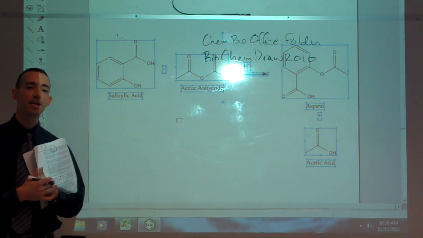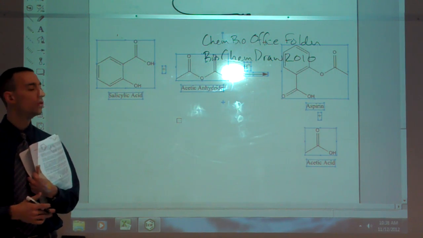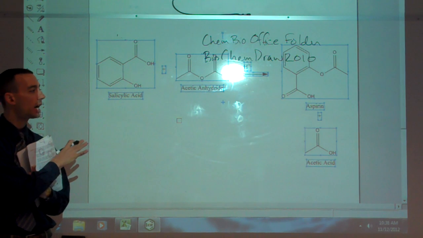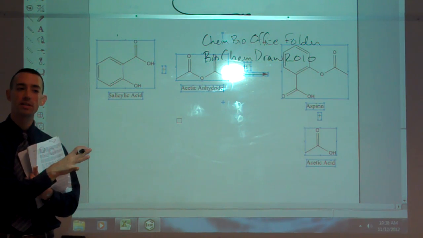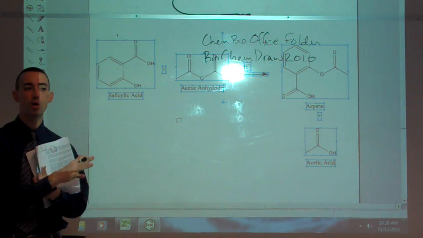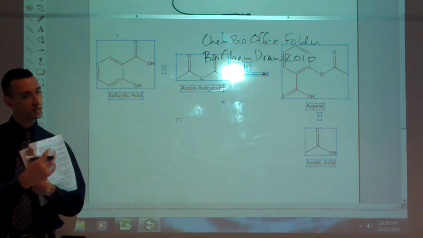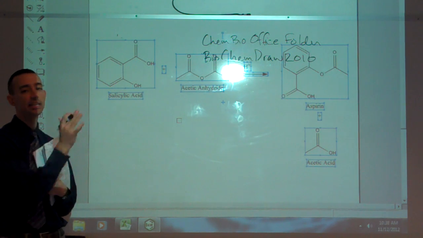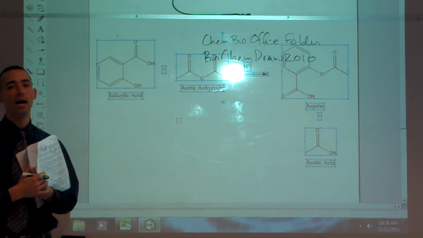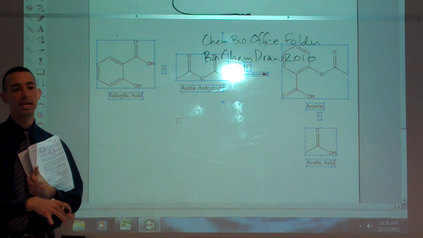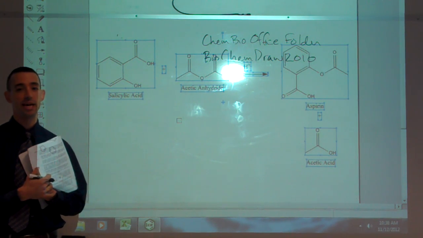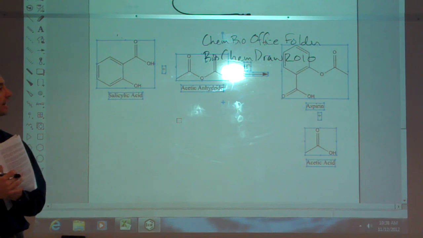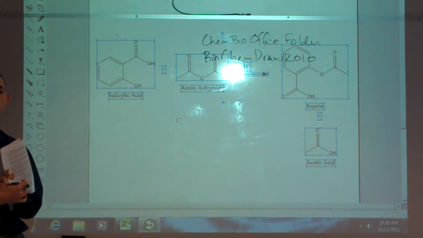I highly recommend spending a minute or two to generate the reaction while you're in the lab, and then copying and pasting it into a Word document, saving that Word document and emailing it to yourself or saving it on your H drive, so that you have it done and can put it into your paper at a moment's notice, and you don't have to be in the chemistry lab when you complete that part of the lab report. Okay, so work on that ahead of time, and then you'll have it saved for later use.